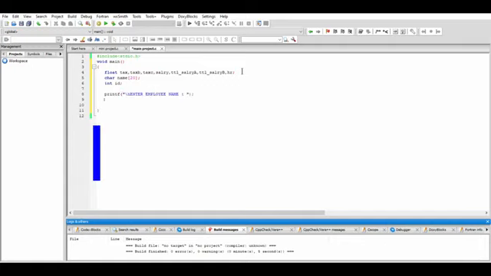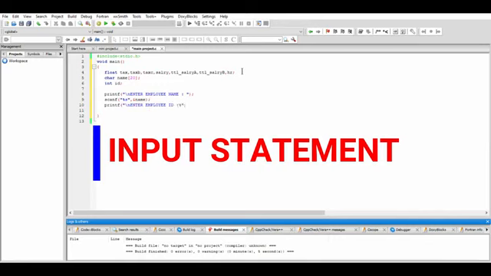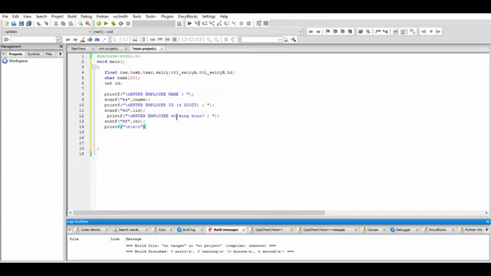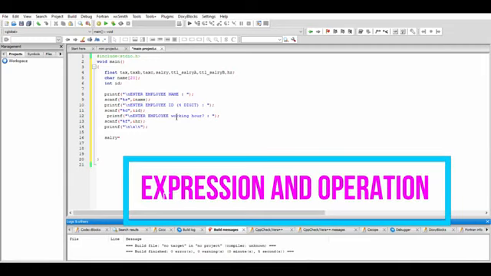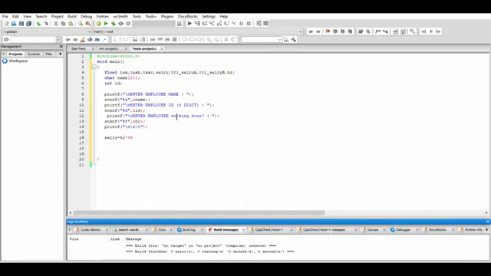Now we are doing the expressions and operations for the whole process. Firstly I'm calculating the salary, so we get the total salary for the employee per month. Then I calculate the tax, which is the salary times the tax percent, divided by 100.